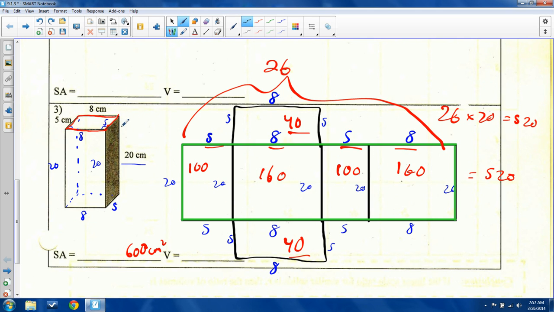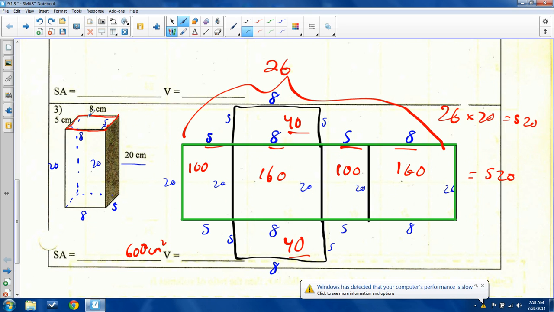Now if we undo that again, that was 5 plus 8 plus 5 plus 8. So when I look at the net drawing, the width of this big rectangle right here is the same as the perimeter of the base in your prism.